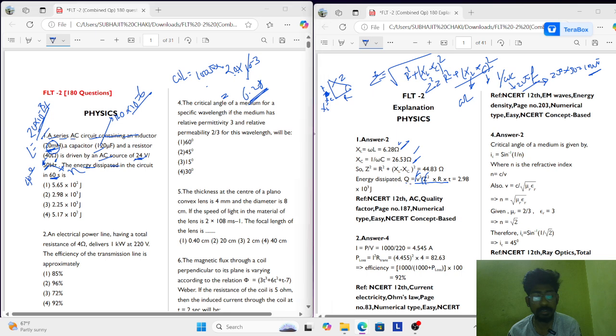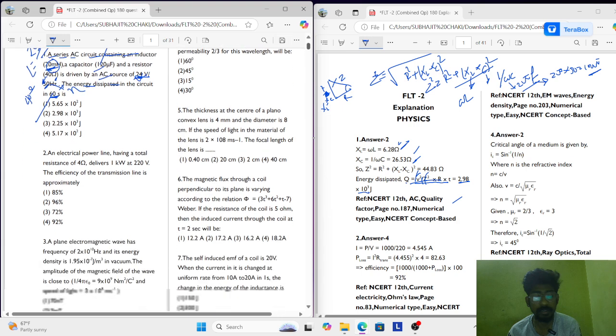Now put all the values in this formula and you will get the answer around 3. So option number 2 is the correct option here.